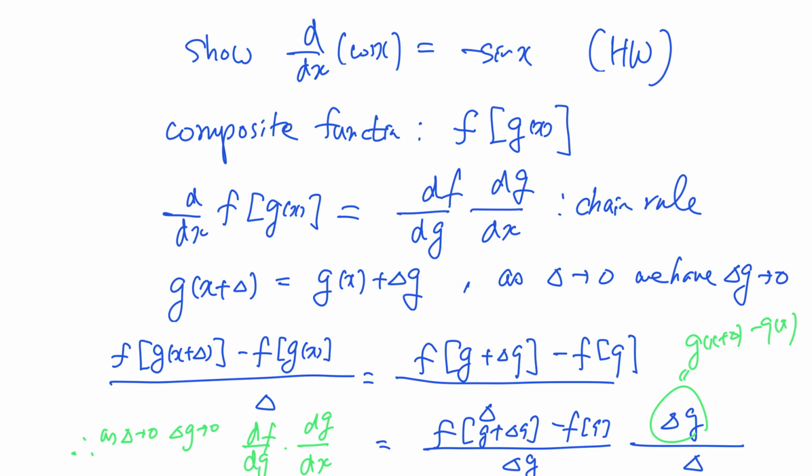So for example, for training, if we have 1 over cosine x, what do we get? Copy this result.